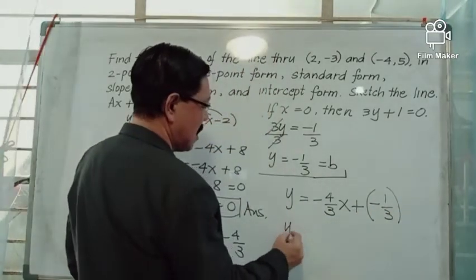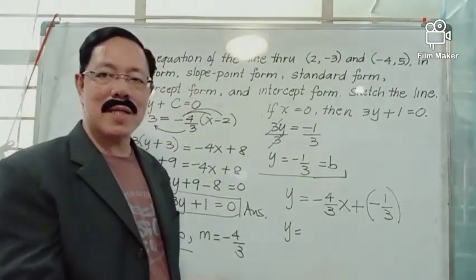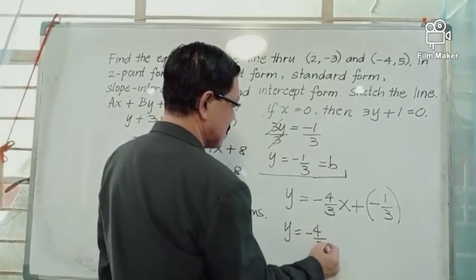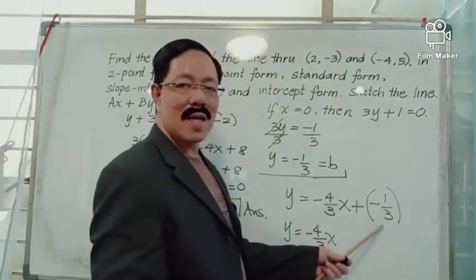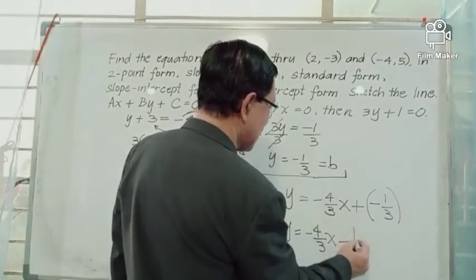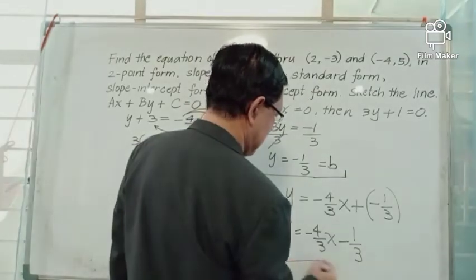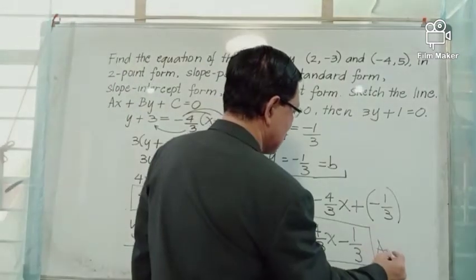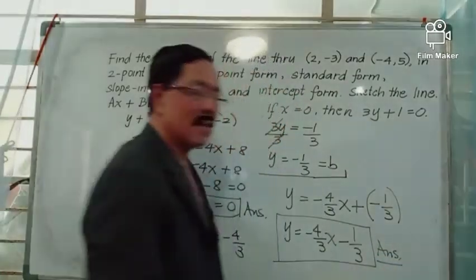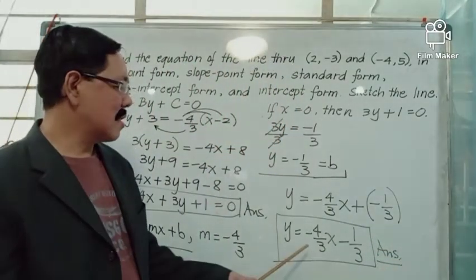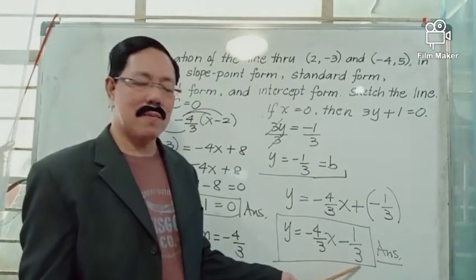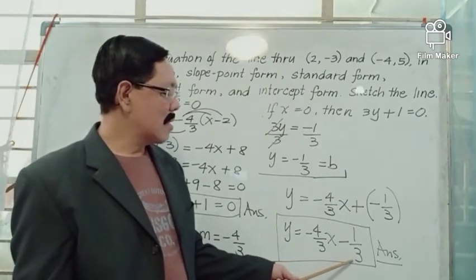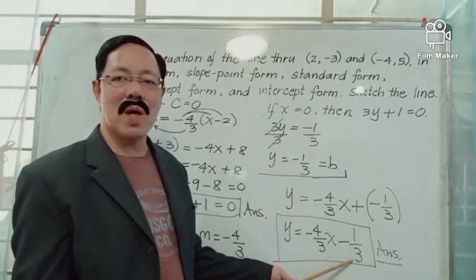Or the equation of the line in slope-intercept form is y equals negative 4/3 x, positive times negative is negative, negative 1/3. That's the equation of the line in slope-intercept form, where the slope is negative 4/3 and the intercept b is negative 1/3.